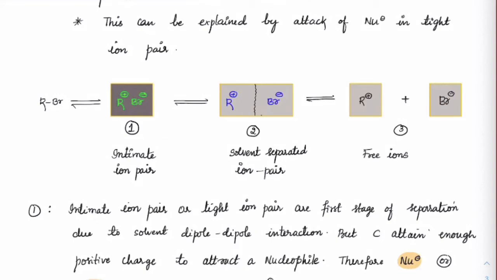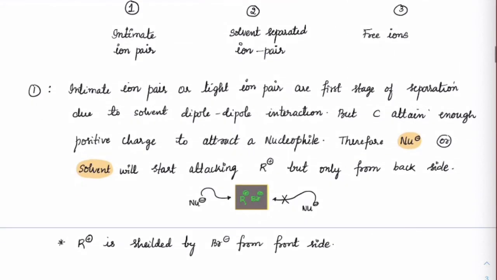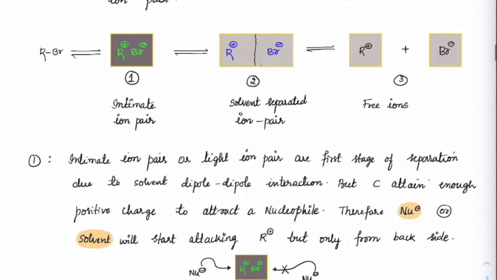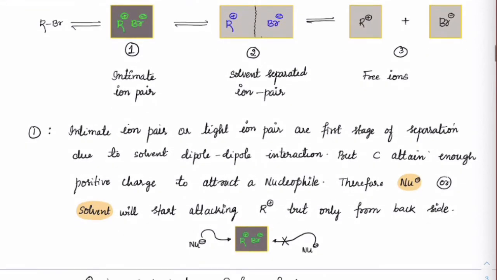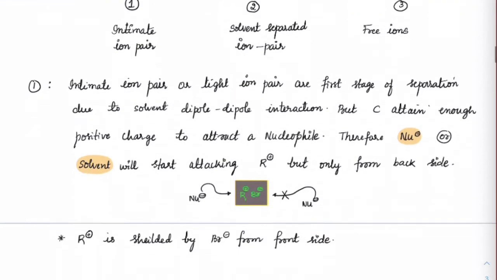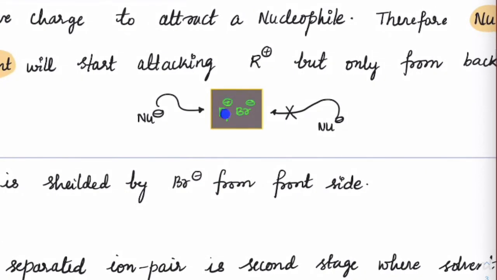Okay. Now what you will observe here, I am writing it all in brief. The intimate ion pair, the tight ion pair in the first stage, will have a strong attraction, correct? R plus and Br minus will have strong attraction. So if a nucleophile attacks from the same side where Br is leaving, it would be difficult for the nucleophile to attack.